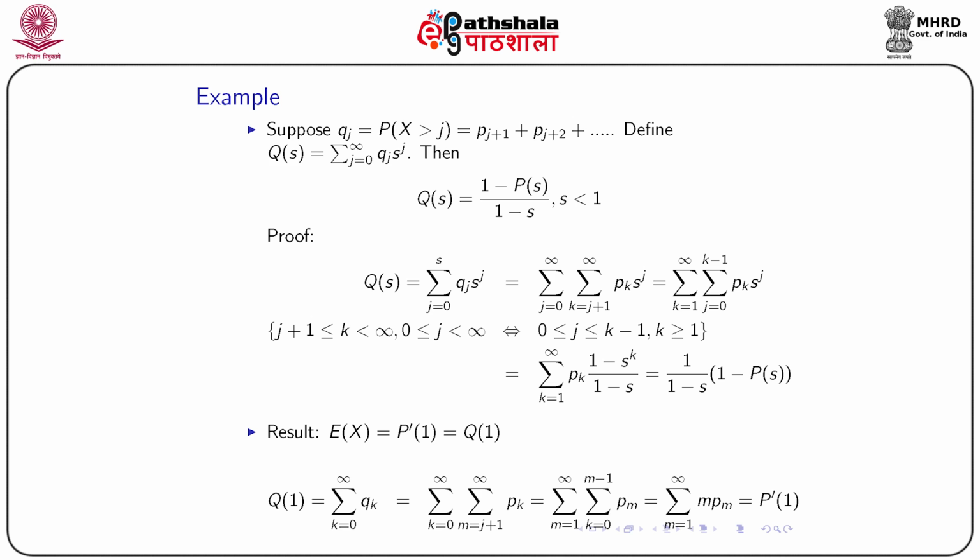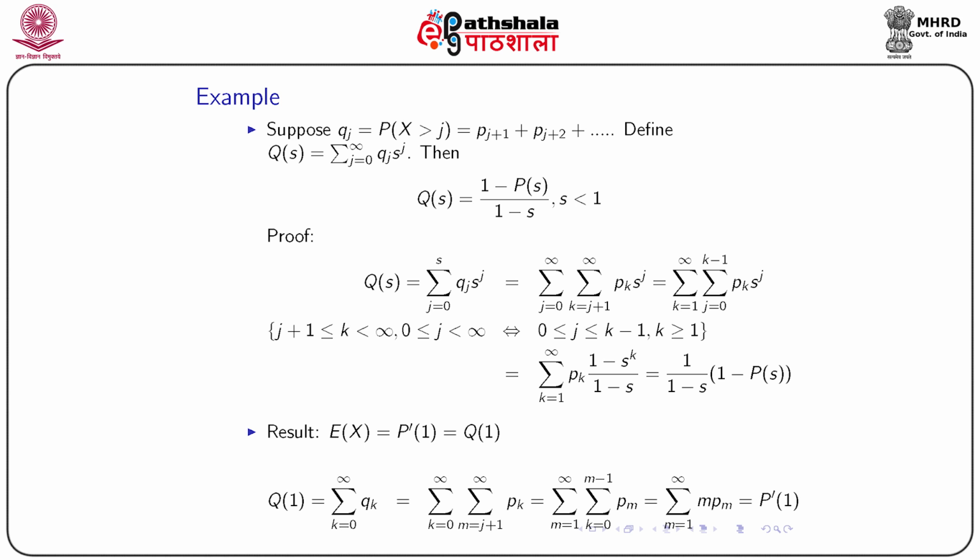If we combine these two ranges, this is equivalent to saying j ranges from 0 to k minus 1 and k ranges from 1 to infinity. If we do the interchange, we are left with the sum over k from 1 to infinity of p_k, times a geometric series (1 minus s to the power k) over (1 minus s), because s is less than 1. So this is nothing but (1 minus P(s)) over (1 minus s).